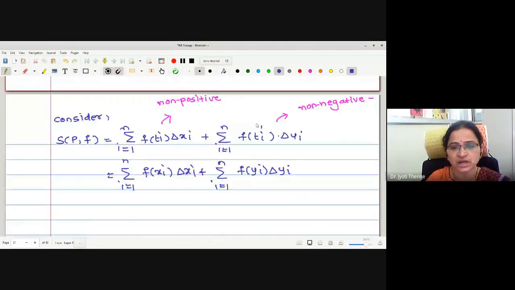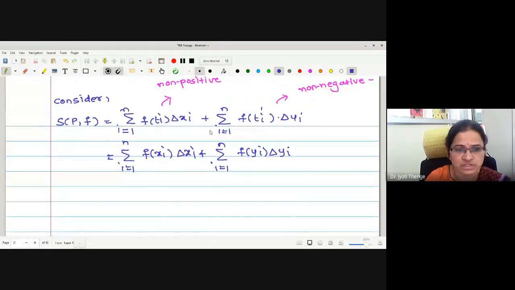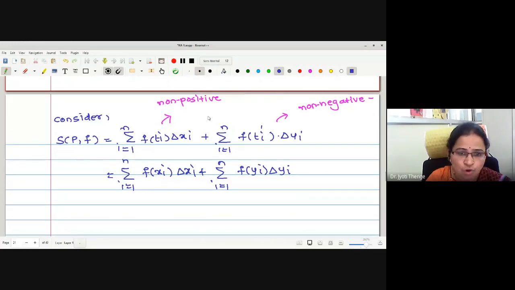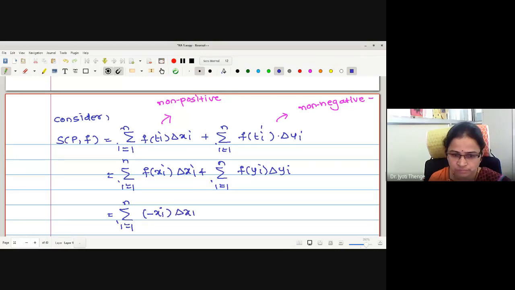Therefore, in the first summation the consideration is for non-positive values. So what is the function f of xi? Minus x, yes, this is minus xi. Correct? And what for the second one? f of yi is for non-negative values, therefore this is simply yi, yi into delta yi.